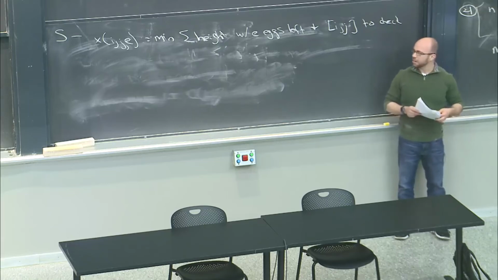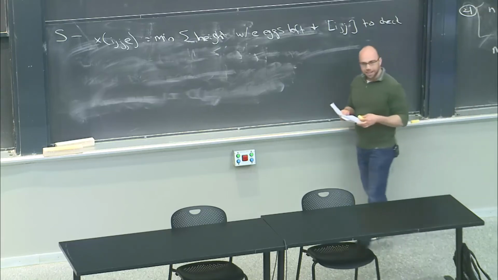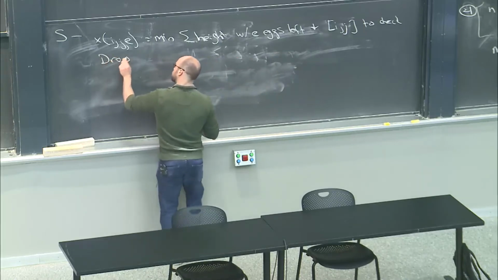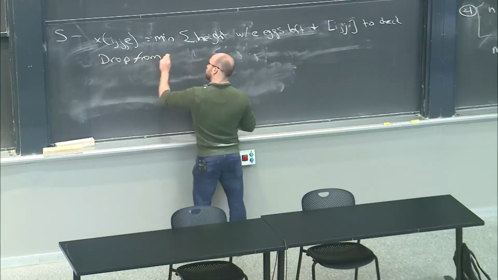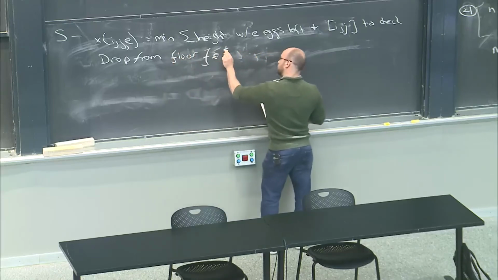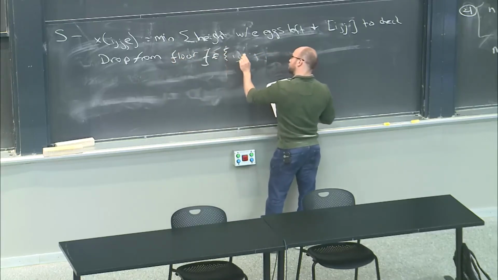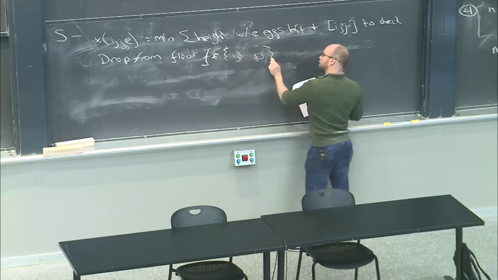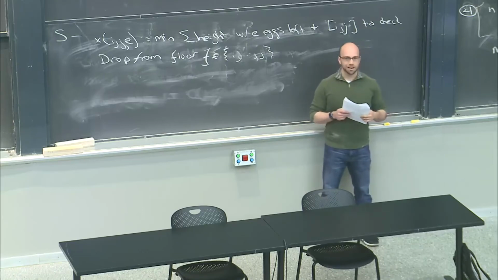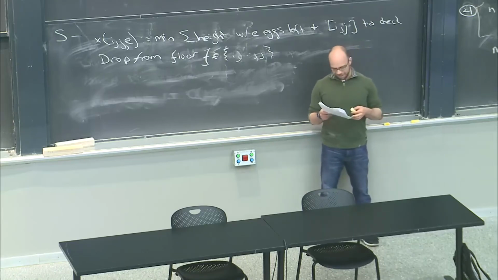Remember that this is sort of an experimental design problem. I can drop my egg from any floor f in the range i to j. Of course, there's never a reason for me to drop an egg from a floor below i or above j, because we already know what happens in that case.